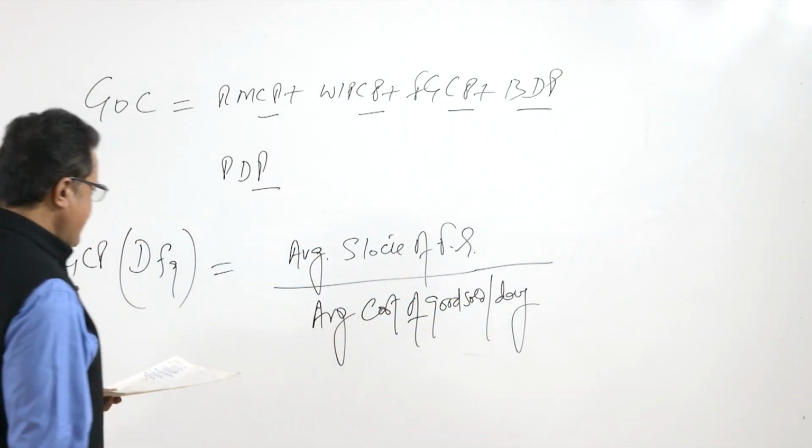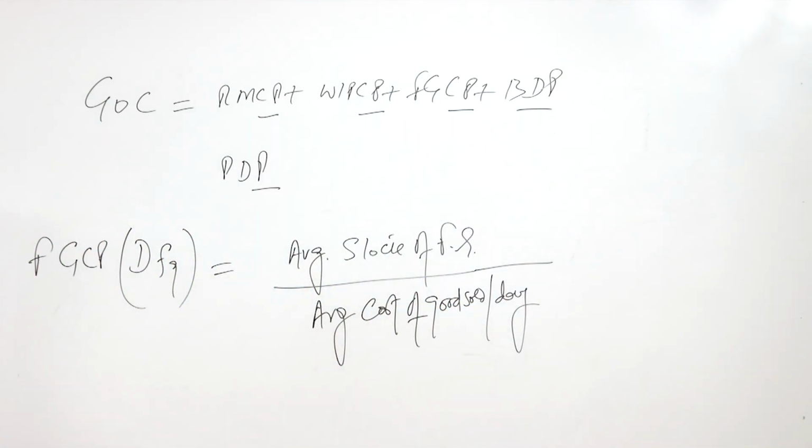So, this is how we can calculate the duration of the finished goods, that is the DFG, or the finished goods conversion period.